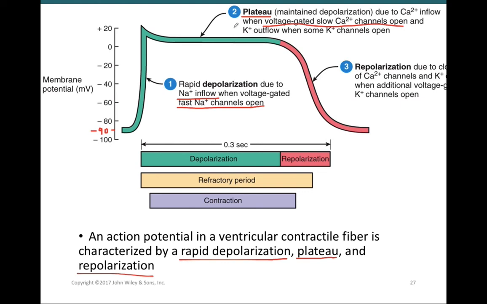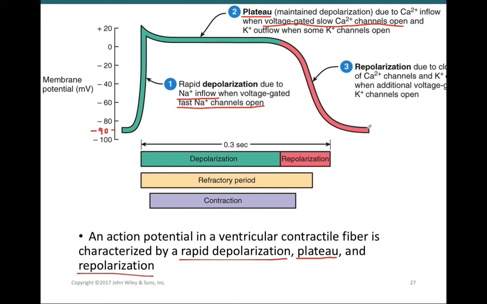In fact, the calcium channels and the potassium channels do open up at the same time, but it's not all of the potassium channels, and that's what keeps this plateau phase at a more steady membrane potential. And once those calcium channels eventually close, more potassium channels will end up opening and allowing additional potassium ions to flow out of the cell, taking those positive charges with them and decreasing the membrane potential back to the negative 90 millivolts that we saw at the resting rate.